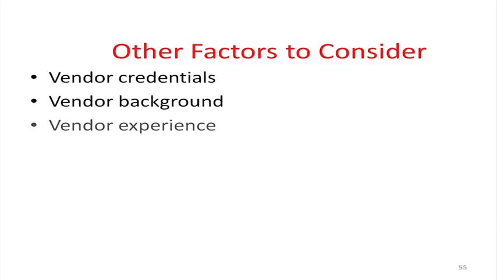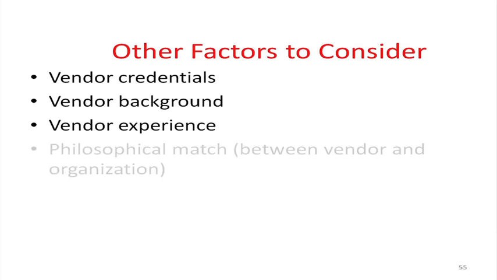So, the credentials and background check is very important for the vendors if you are going to outsource a program, because that is going to help you get a program in a cost effective way. Then how much experience the vendor has in offering this kind of programs, that is another issue.